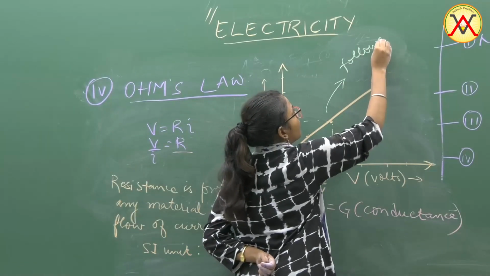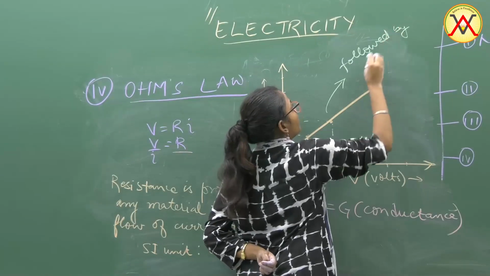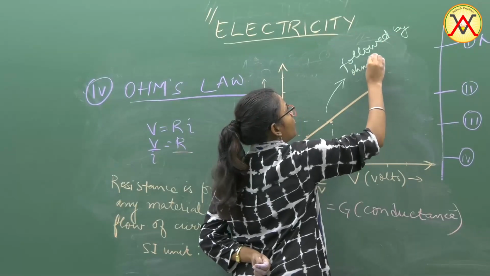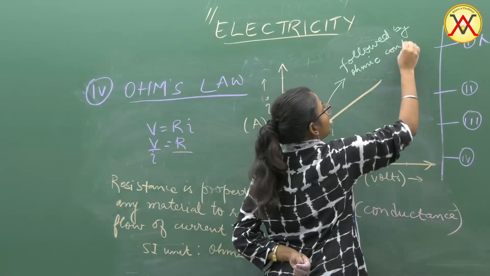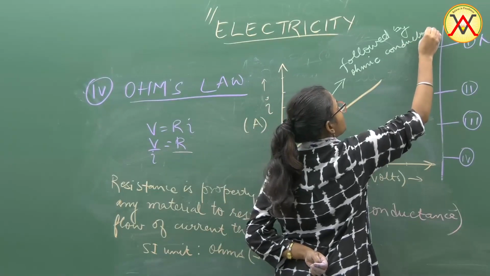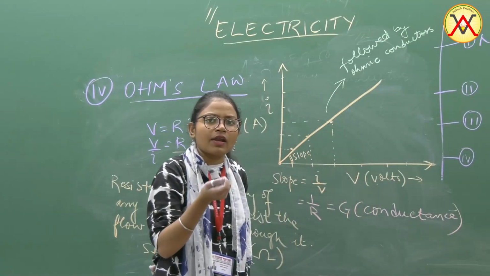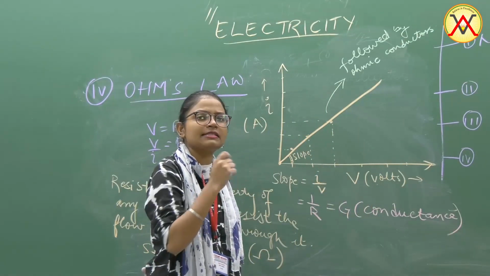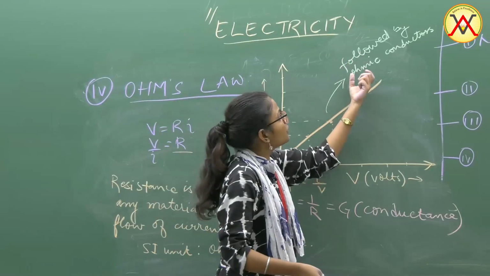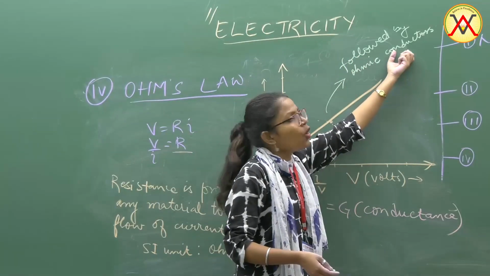This is followed by ohmic conductors. So all your metal conductors, that is copper wire or aluminium wire or any silver wire, all those wires are our ohmic conductors.